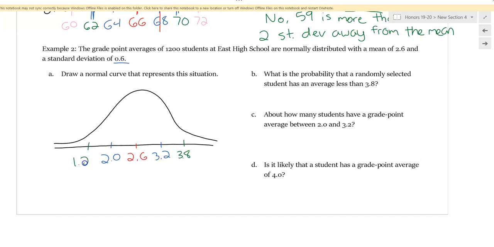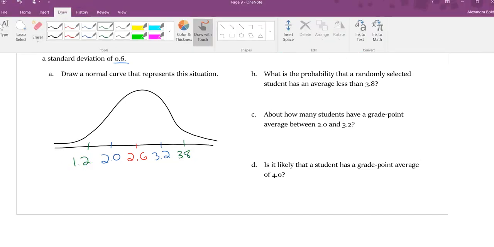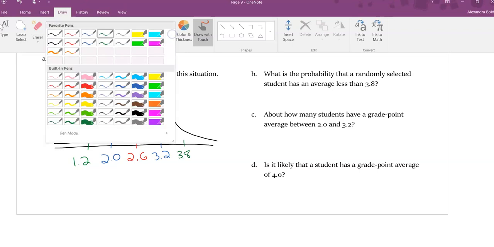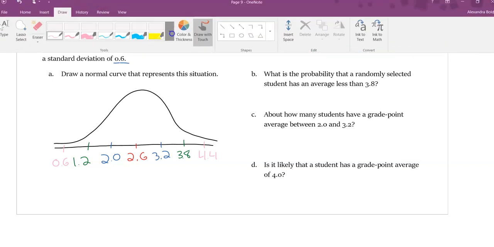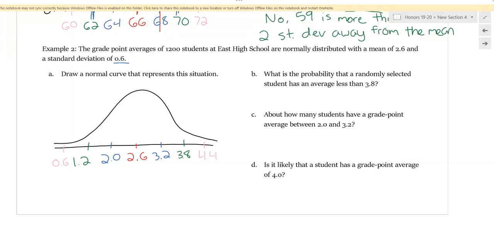Minus 0.6, I get 1.2. Last one, right, we always have to do 3 sets. 3.8 plus 0.6 is 4.4. 1.2 minus 0.6 is 0.6. Okay, so all of these are 0.6 away. Use this pretty blue color.